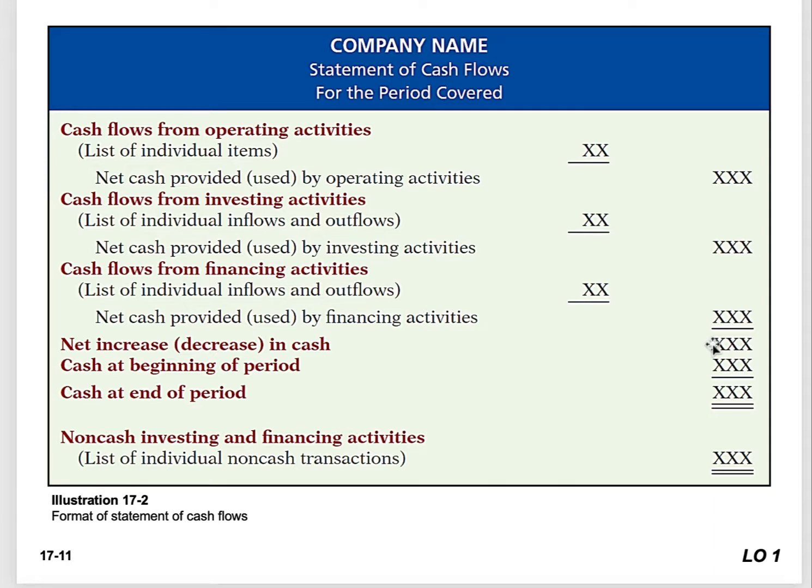With that change in cash, we then factor in the cash at the beginning of the period. We run those numbers, and that gives us the cash at the end of the period. And again, this number right here needs to match the ending balance of cash on the balance sheet. If we have any non-cash investing and financing activities, we can just note them down here.